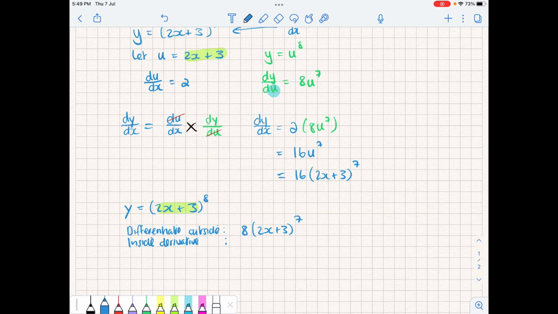So we're going to differentiate the inside essentially. The inside is 2x plus 3. When we differentiate 2x plus 3, we just get 2. And then we're going to multiply together. So we're going to take 8, (2x plus 3) to the power of 7, and multiply it by 2. And we will get our 16(2x plus 3) to the power of 7.